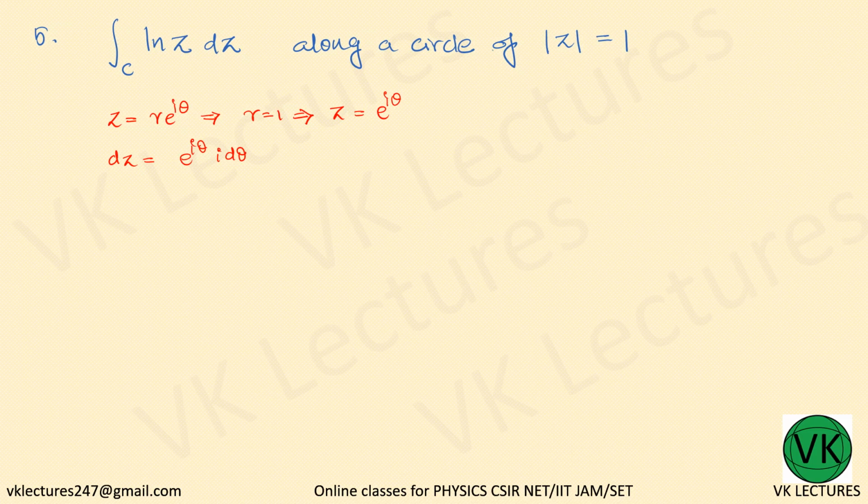Now the integral is along this curve, that means along the circle. So you can take the integral from 0 to 2 pi of log z dz, that's equal to the integral of log of z, which is e to the power i theta, times dz, which is e to the power i theta i d theta.